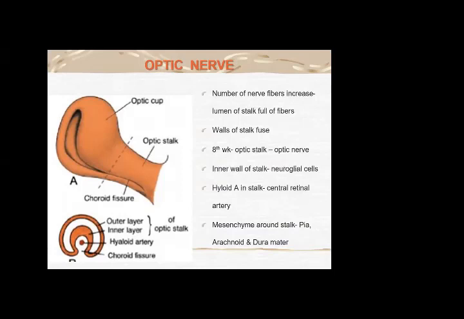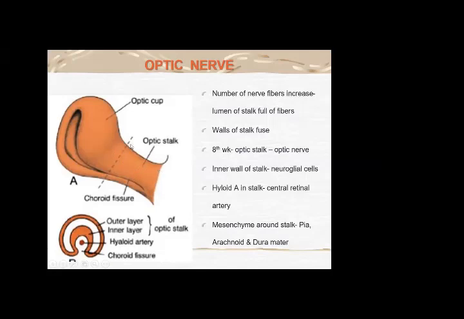Okay. Now, as the retina grows, as the eye grows in size, more and more neurons are added to it. And when more neurons are added to it, more nerve fibers are added to it. The more axons that form the optic nerve, more of them are added to this optic stalk.